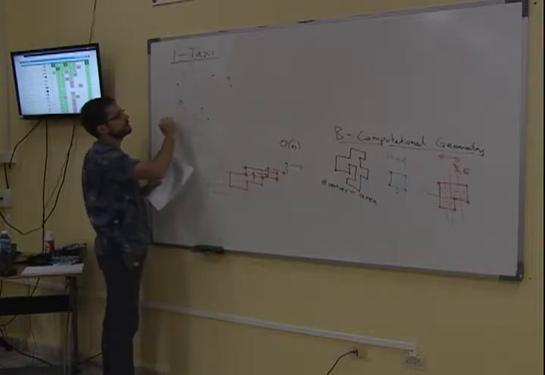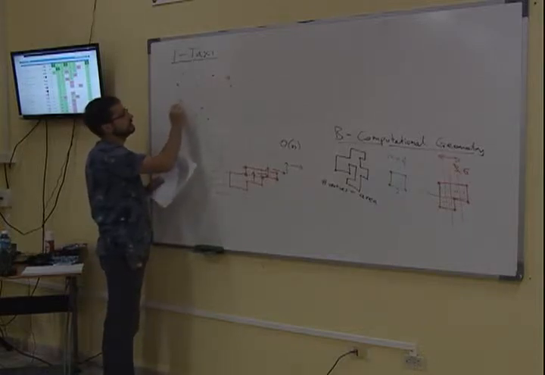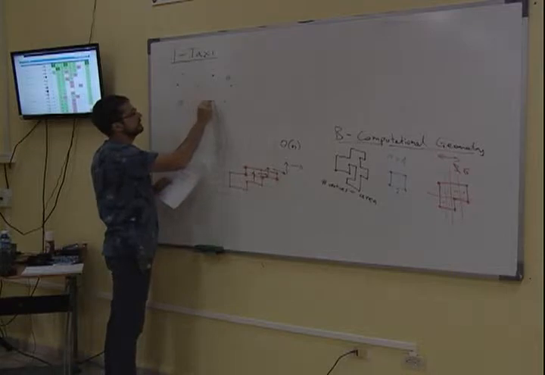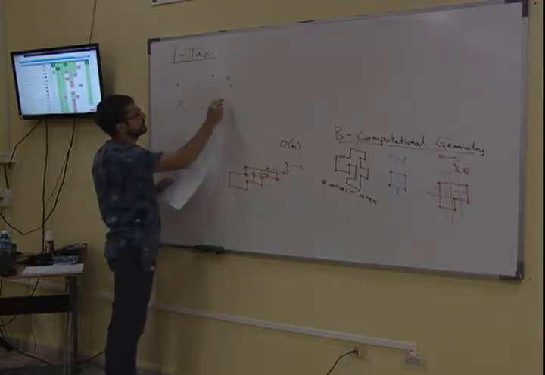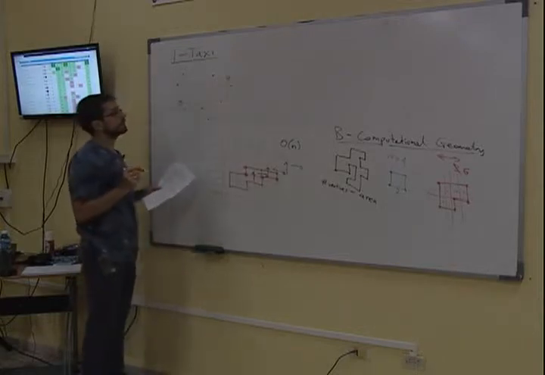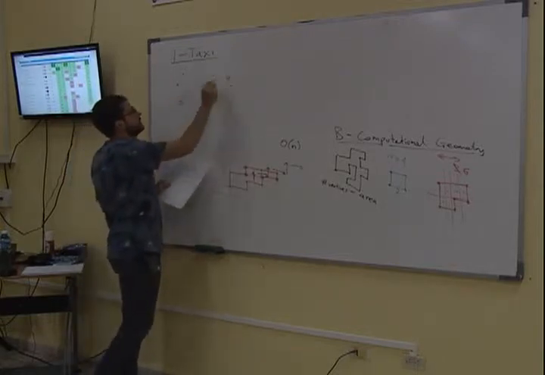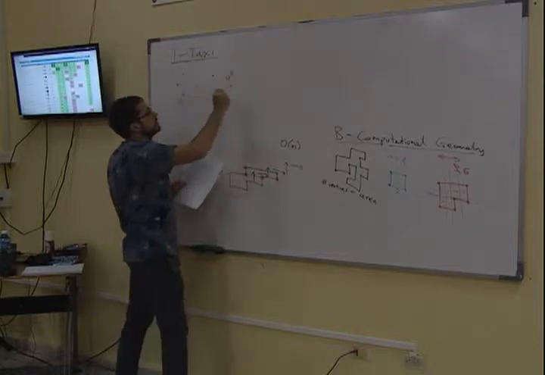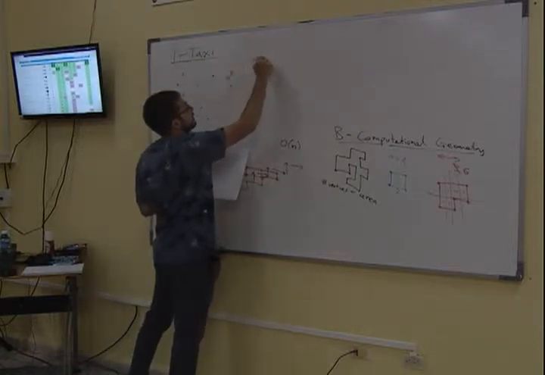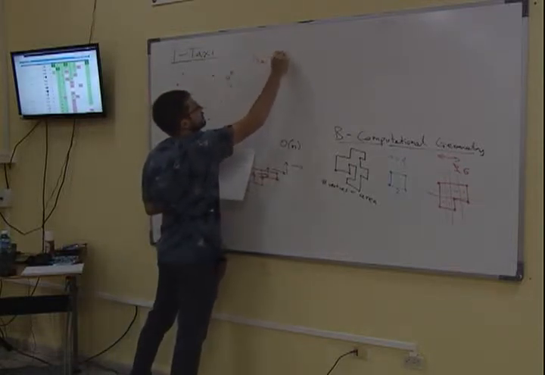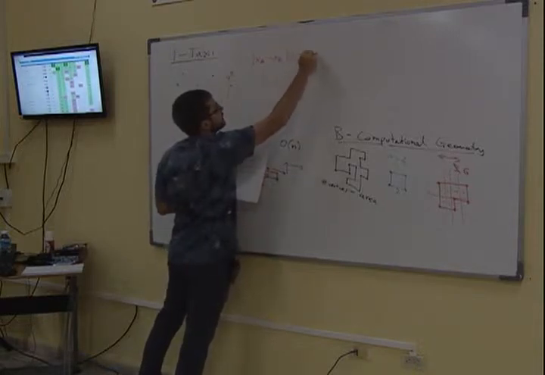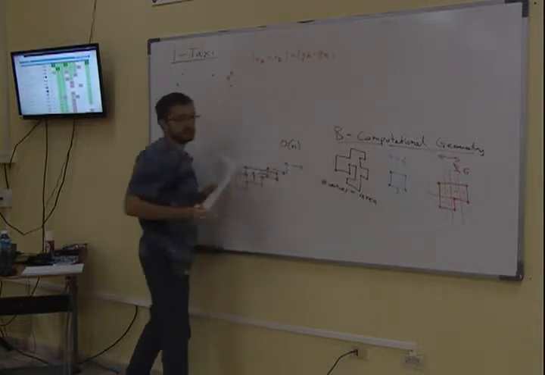So the distance between them is the difference between their coordinates on the x-axis plus the difference between their coordinates on the y-axis. Okay, so if we have point A and B, the distance will be |xa minus xb| plus |ya minus yb|. All right?